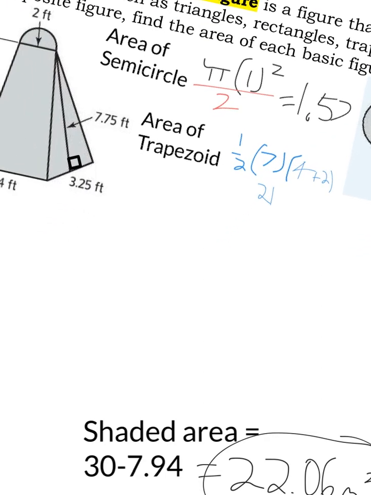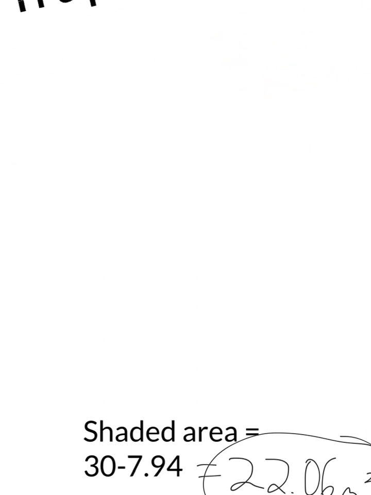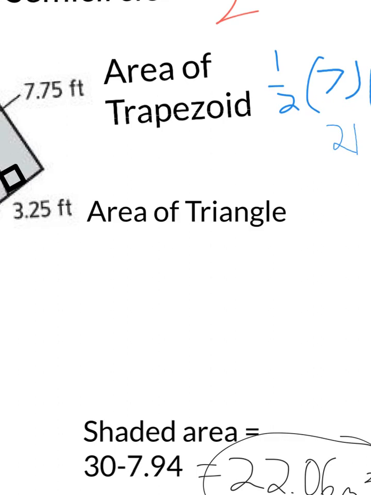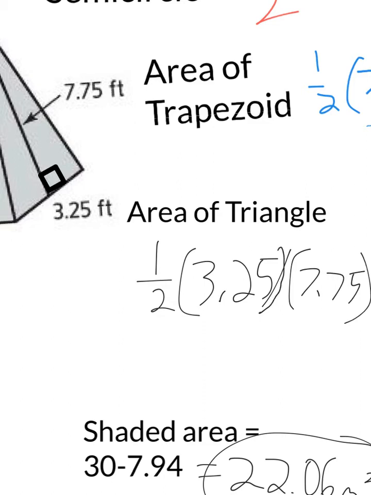And then the third thing I need to do is I need to get the area of that triangle off on the side. So area of a triangle is 1/2 base times height. Looks like I have a base of 3.25 and a height of 7.75. All right, this is a parenthesis. So type that in.